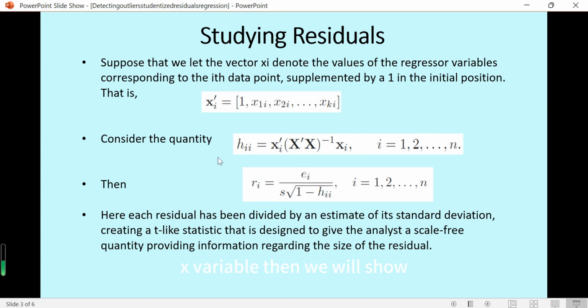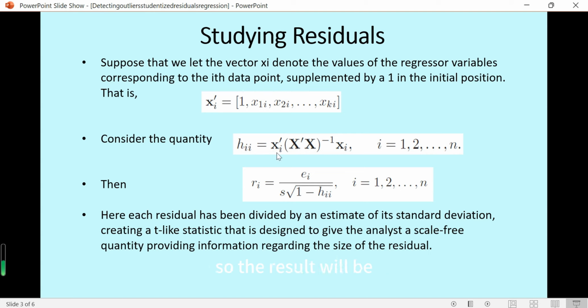Then we will show there is a scalar value called hii, which is xi's row vector times the inverse of X transpose X, where capital X is the matrix of the explanatory variables for all observations, right multiplied with this row vector's transpose, the column vector.